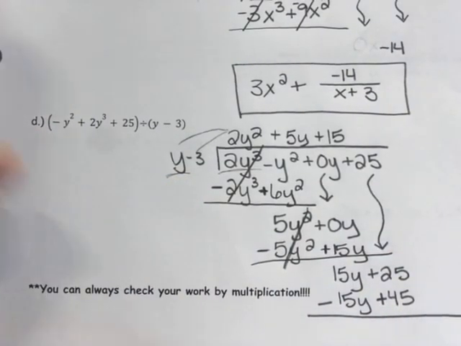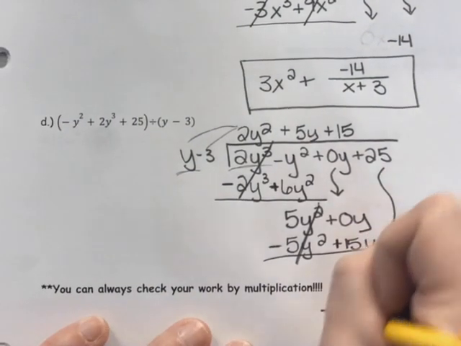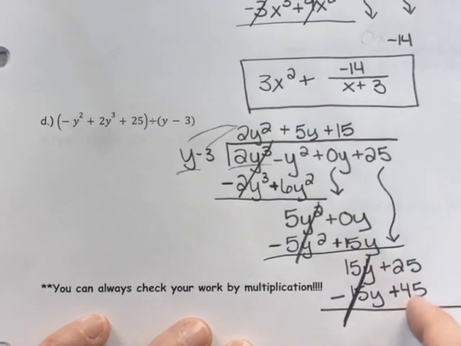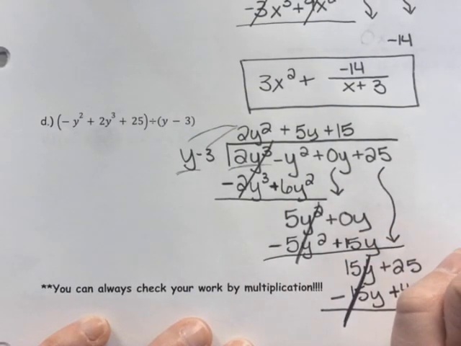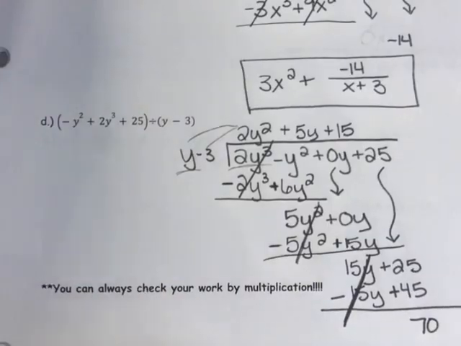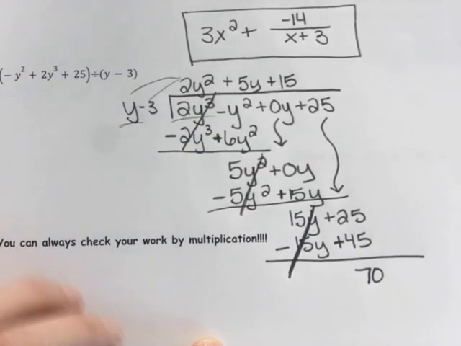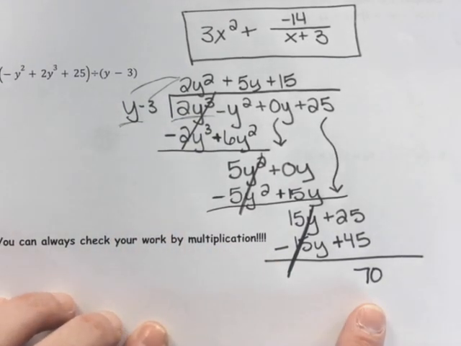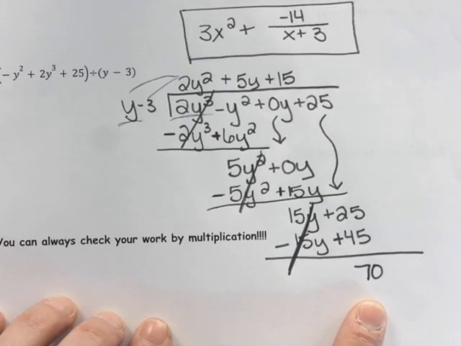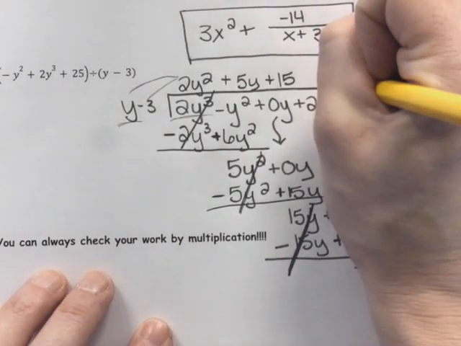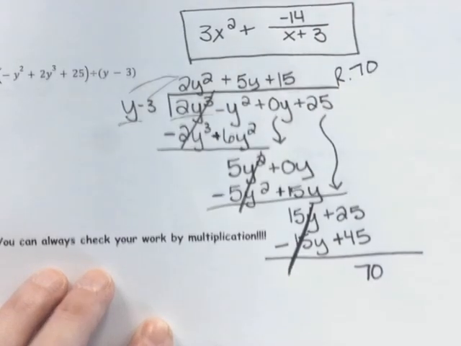So what happens to the y terms? They cancel. 25 and 45 gives me 70. Now, remember, I can't do magic, so I can't make the y disappear. Is there any way to do anything more? No, we're done. So we've got a remainder of 70.